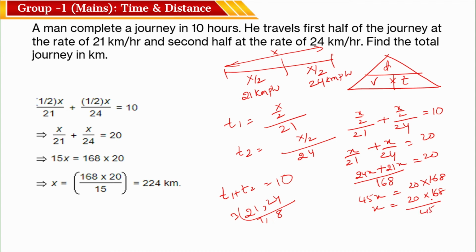Clear? Okay. So, now this is very important. Now you can say we have to simplify this one, 5 4s, 5 9s, correct?